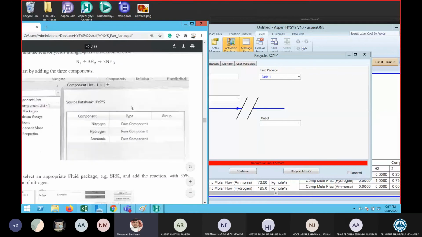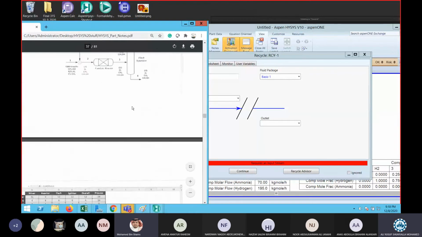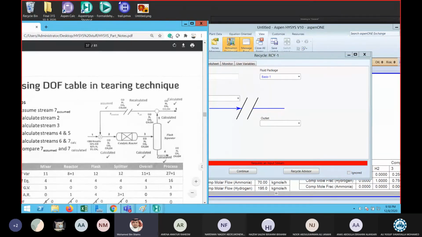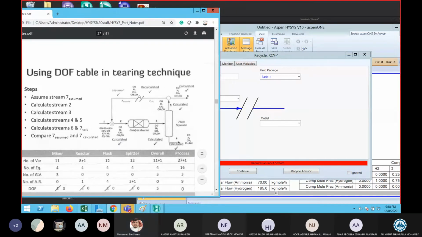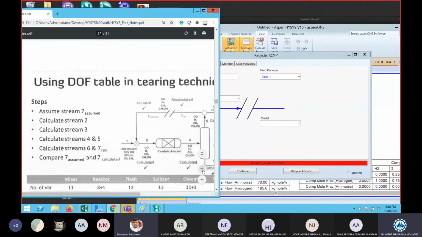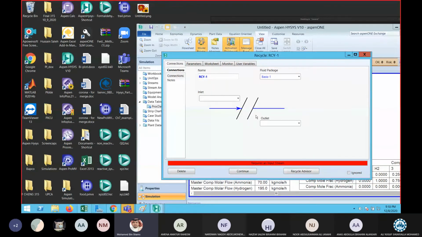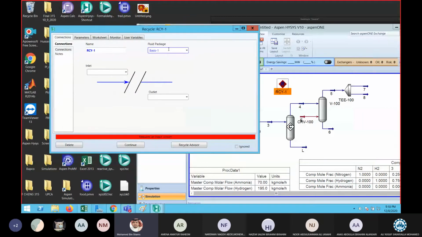Does it remind you of something? I've seen it today somewhere. Yes, it looks like this one. It's a tiered thing here, which means it is going to use the tiering technique.